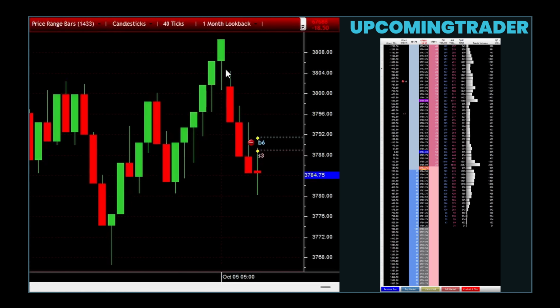The presence of the deliberation pattern suggests that traders are becoming uncertain about the market's ability to continue moving upward. This moment of hesitation is critical as it can lead to a trend reversal. The first two candlesticks show confidence among traders, pushing the market higher.